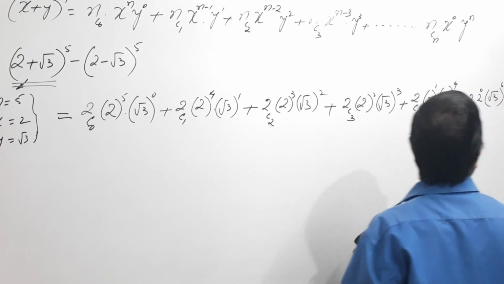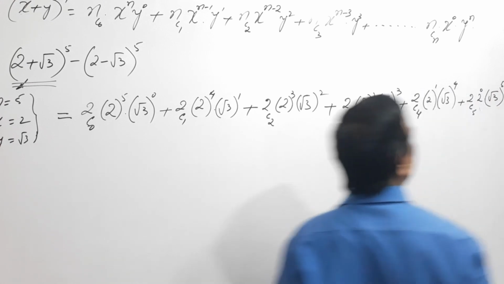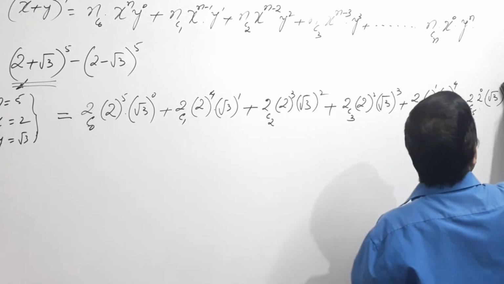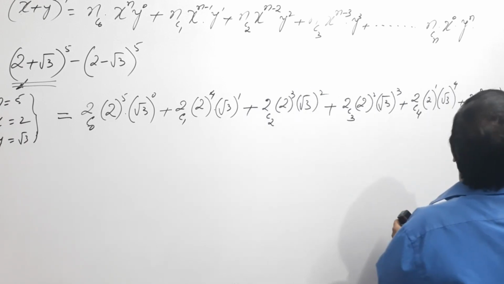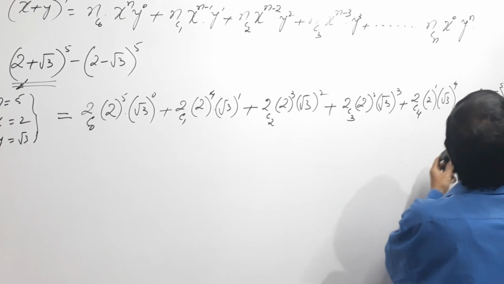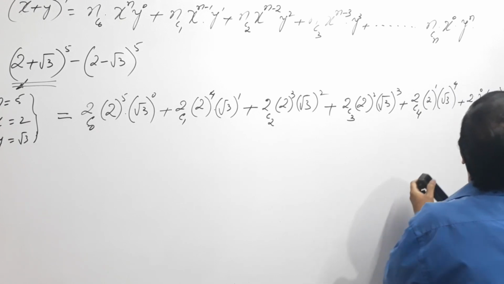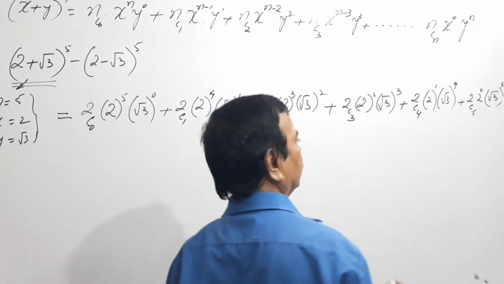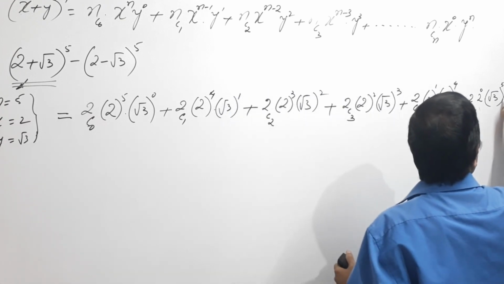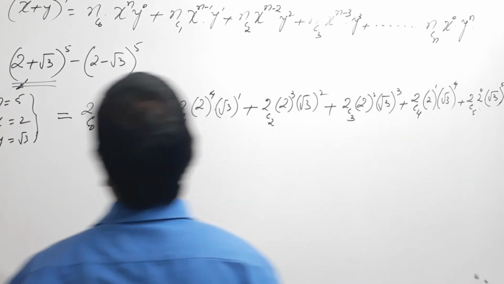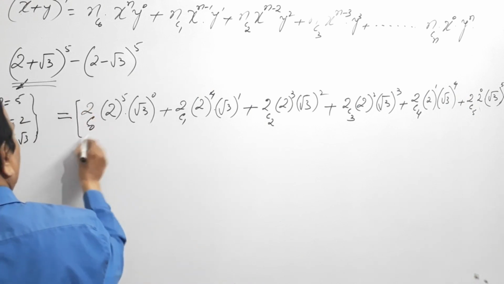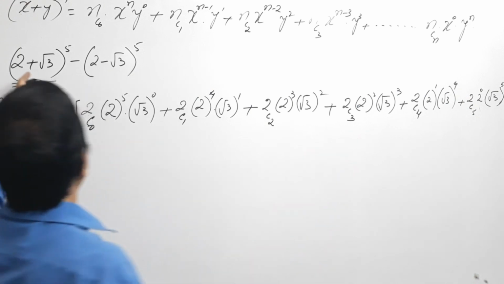I will put a square bracket, two to the power of 5, a bracket, here also. So this part is over.